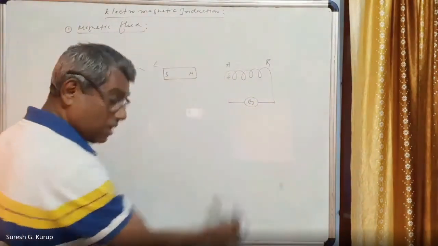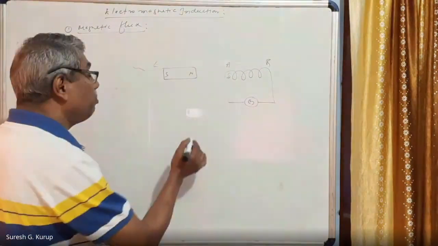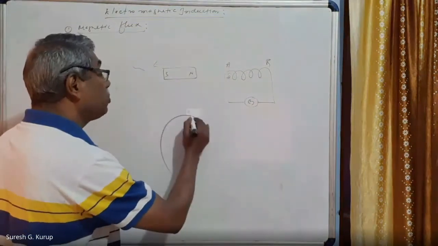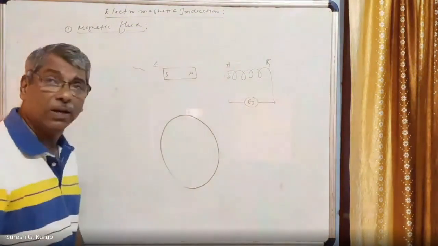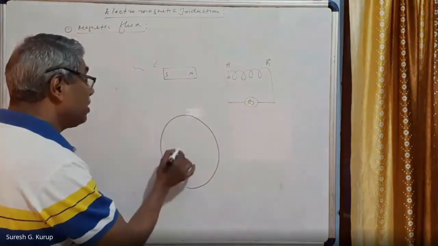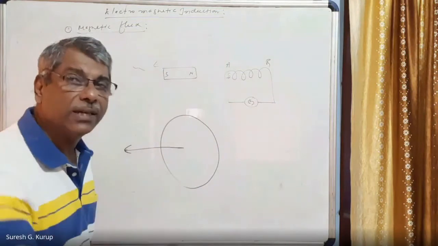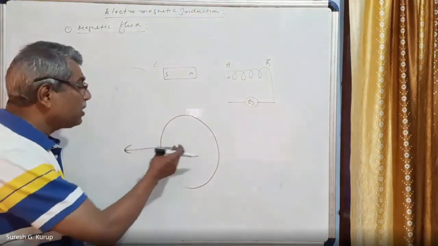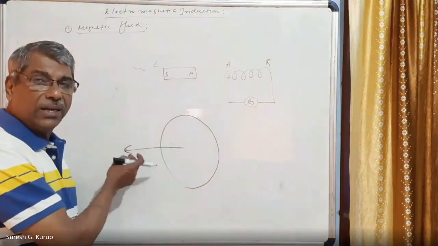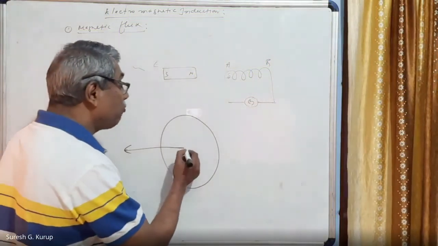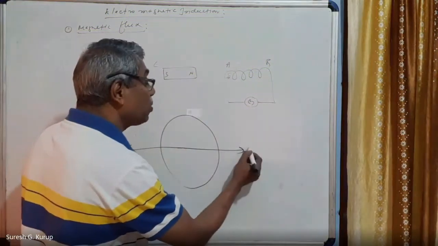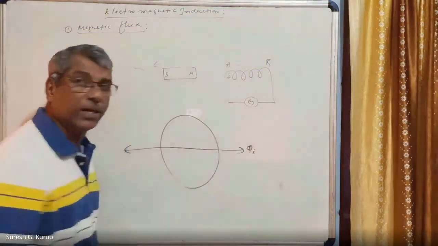Another situation in which Lenz's law is applied is like this. Suppose there is a coil here. In this direction, the magnetic flux is increasing through one face. Then naturally an induced flux, phi I, is created.